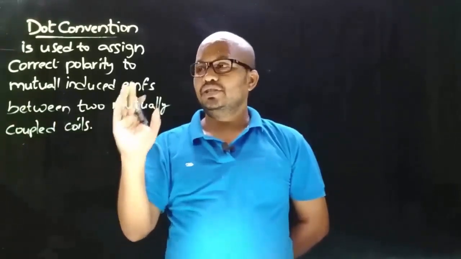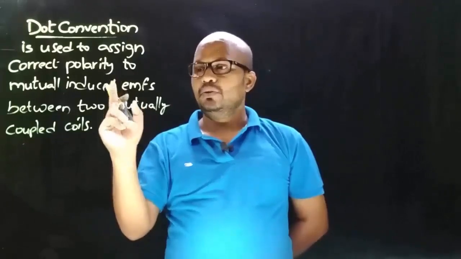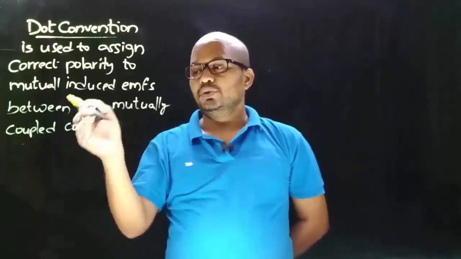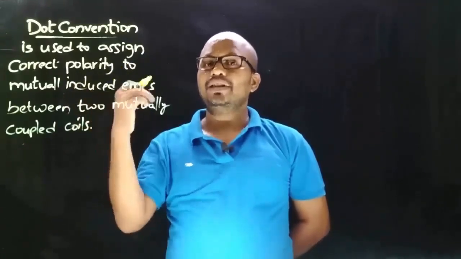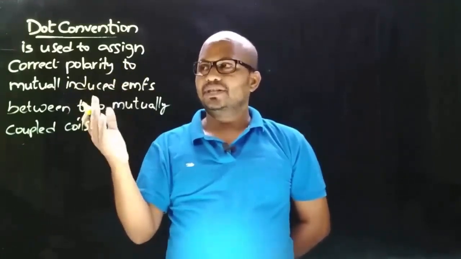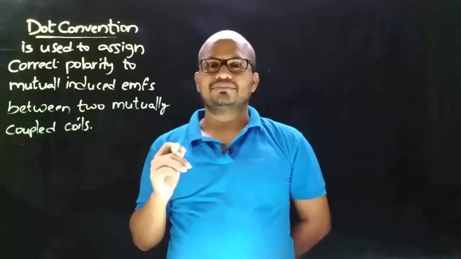That is, dot convention is used to assign polarity to mutual induced EMFs between two mutually coupled coils. That is, whether the mutual induced EMF is positive or negative can be decided by dot convention.